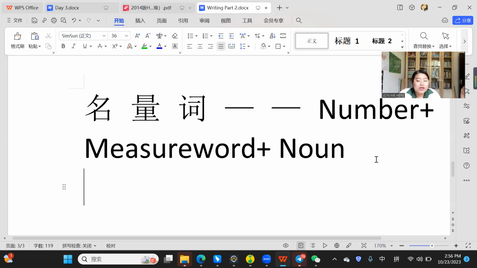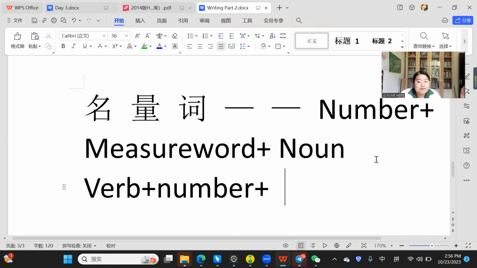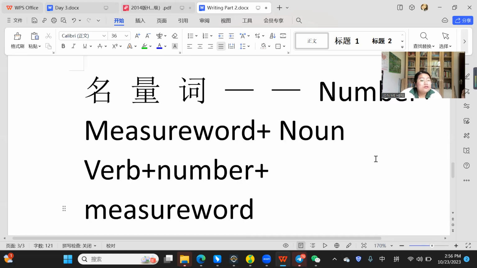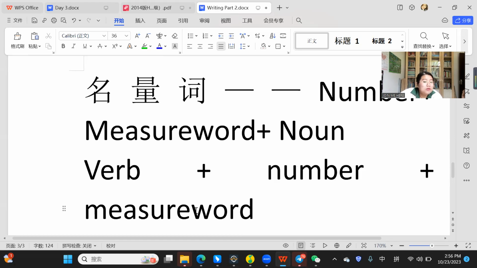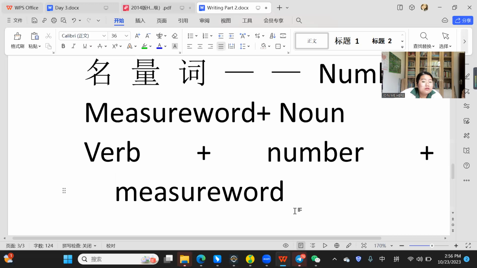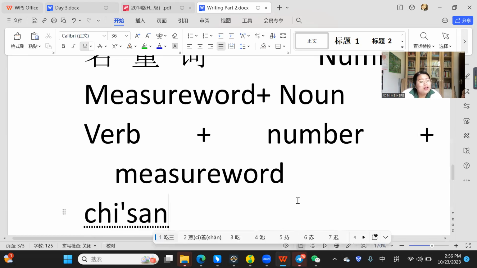And another measure word is working for a verb. So it will be used as verb plus number plus measure word. So it will become 去一趟厕所. You know the meaning of 去一趟厕所? 去吃3次, what do you mean?